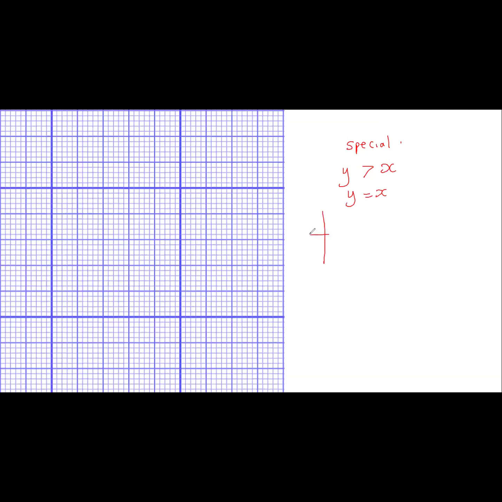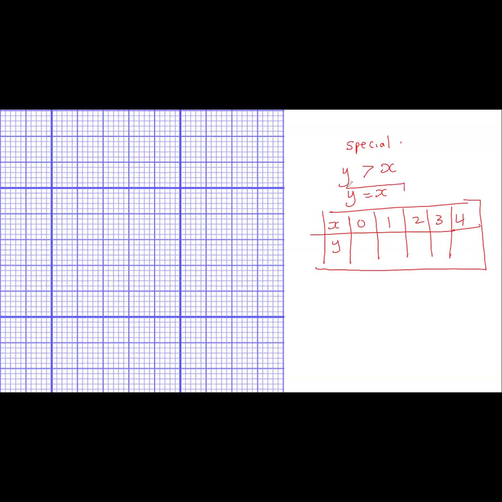Now, here you draw your table. Whenever you find that the equation you have formed doesn't have any intercept, you'll still have x and y. So for these values of x, put any value of x: 0, 1, 2, 3, 4, like that. From what you have formed, y is equal to x.